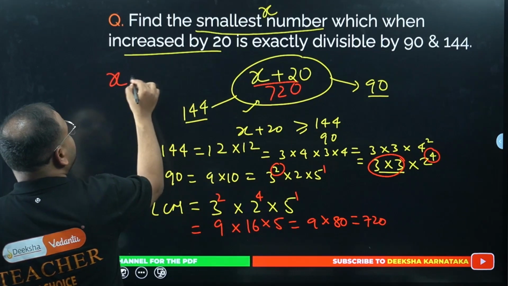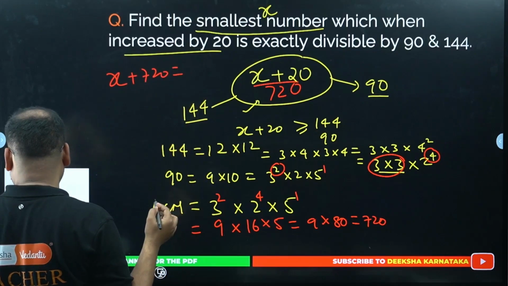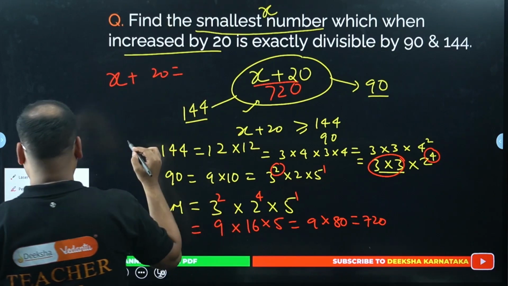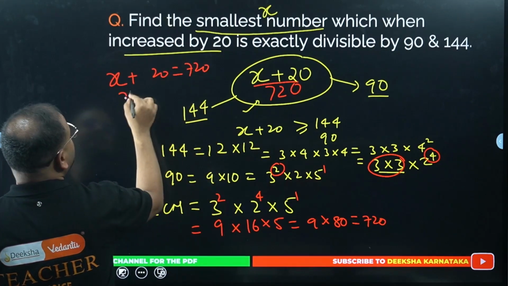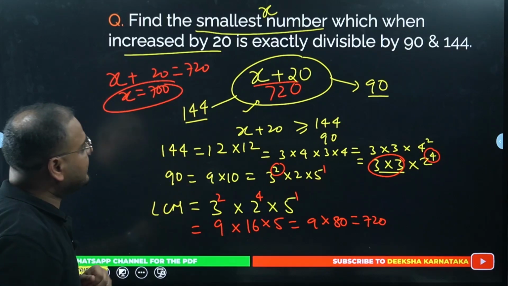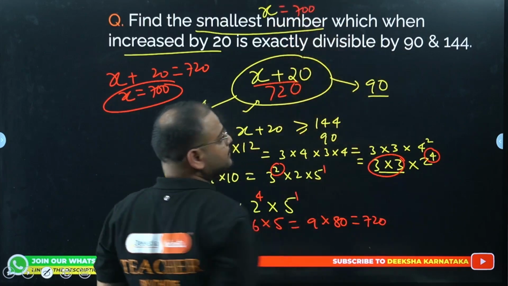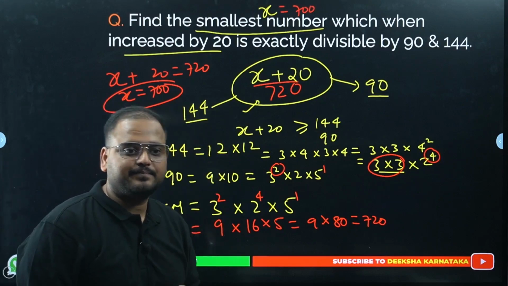So x plus 20 is 720, x is 700. Answer is 700. Easy? Understood? Everyone? Great.